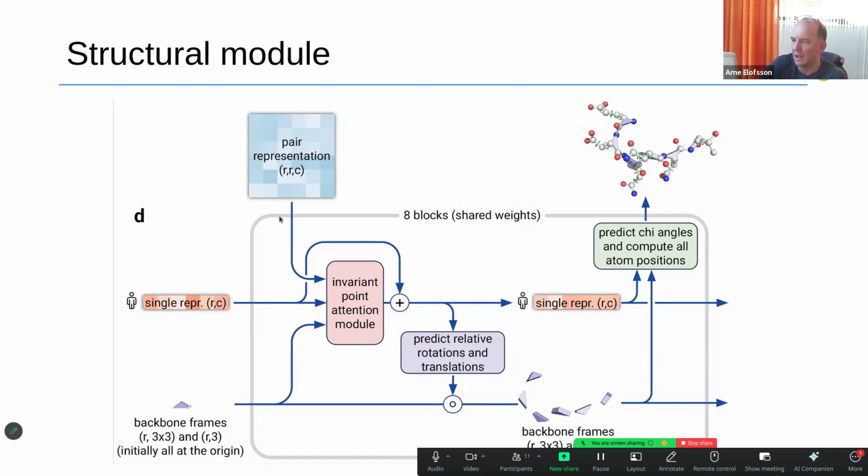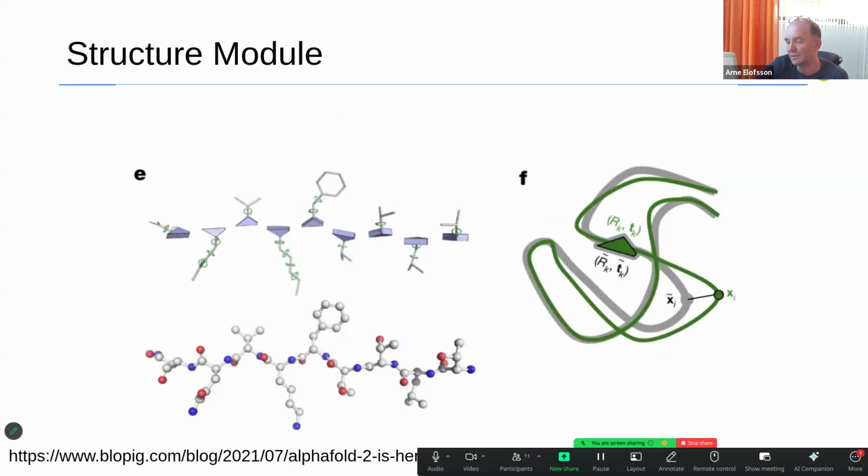This is repeated 8 times if I remember correctly. So this is a quite fast way to build a structure. In AlphaFold 3, they replaced this with a diffusion model. That is probably faster, but that's probably the main advantage of it. It has some other disadvantages, but it's mainly faster.